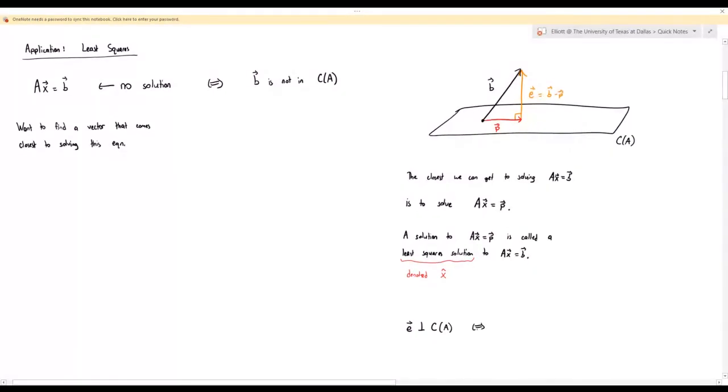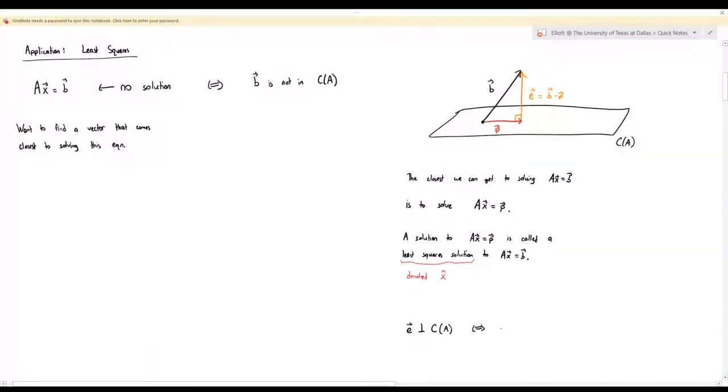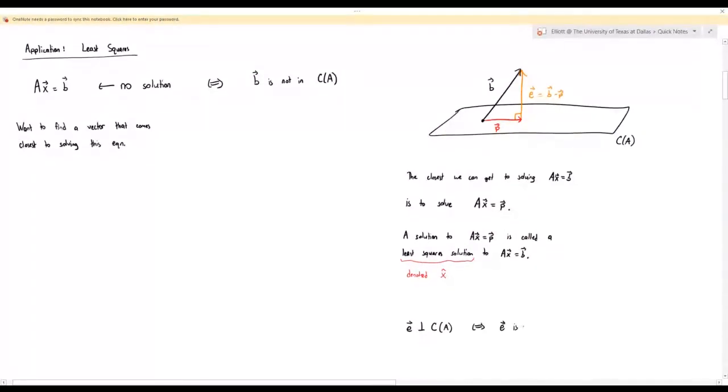So to say that the error vector is orthogonal to the column space is to say that the error vector is in the left null space, or the null space of A transpose.